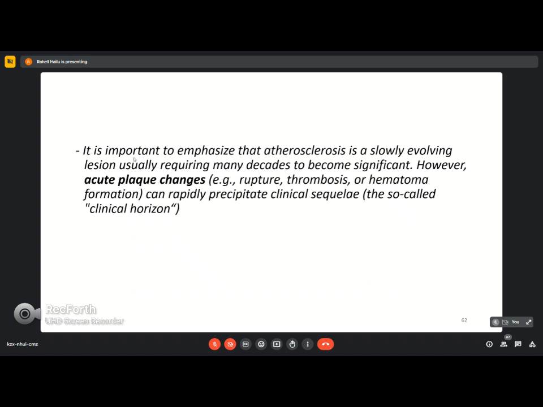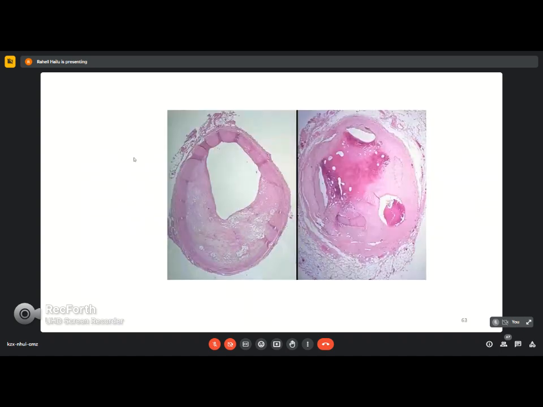So it's important to emphasize that atherosclerosis is a slowly evolving lesion, but acute plaque changes can make it acutely symptomatic, and that phenomenon is known as the clinical horizon.